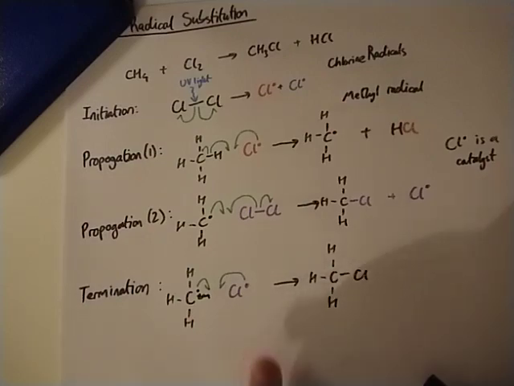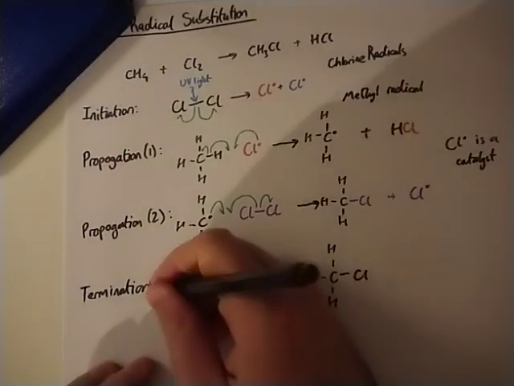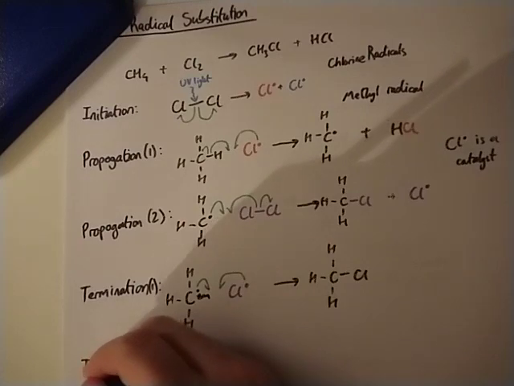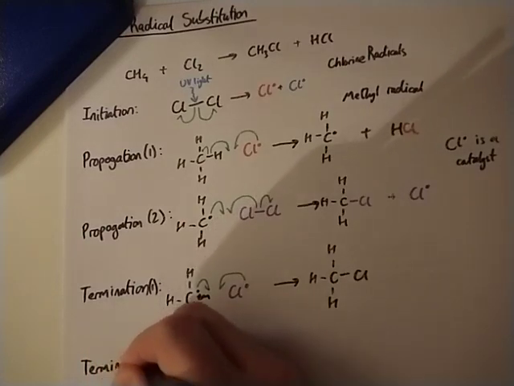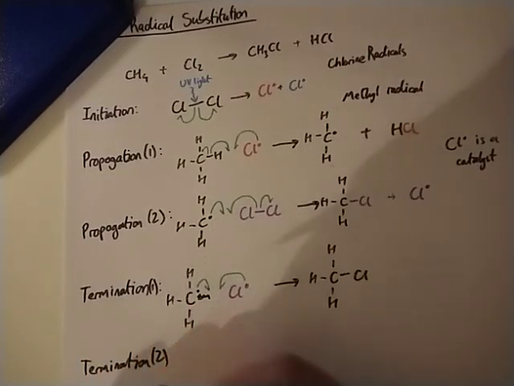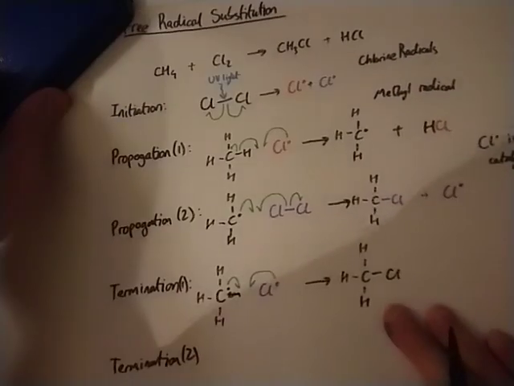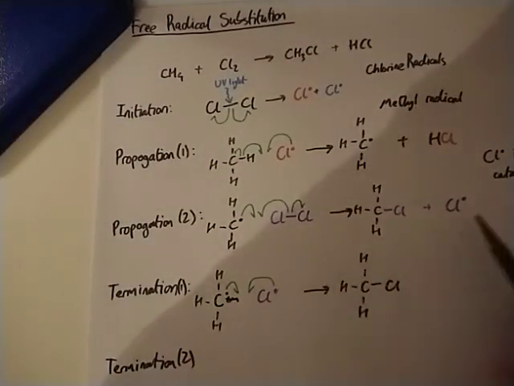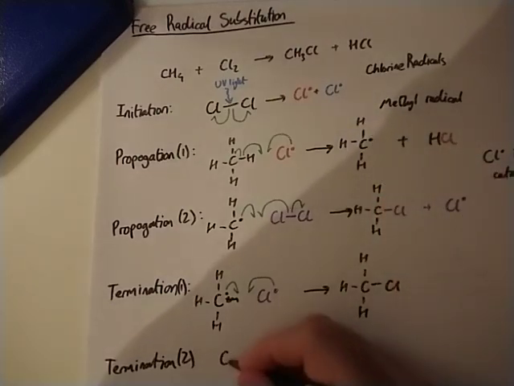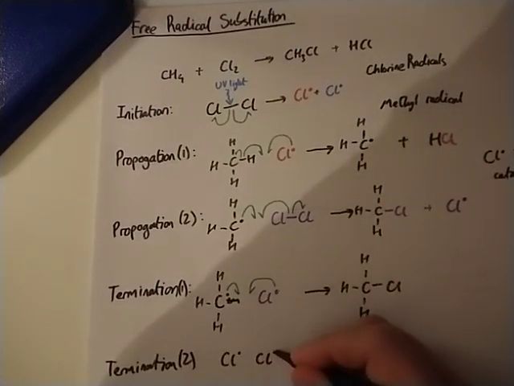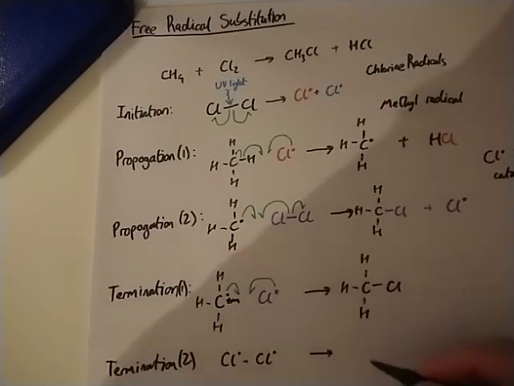So this isn't the only termination step that can happen. There's actually two others. So the second termination step, like I said, we made a chlorine radical here, chlorine radical here. What if they come together? That's going to make Cl2, so two radicals producing a normal molecule.